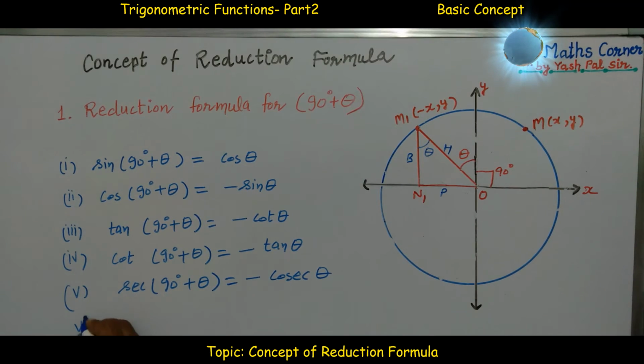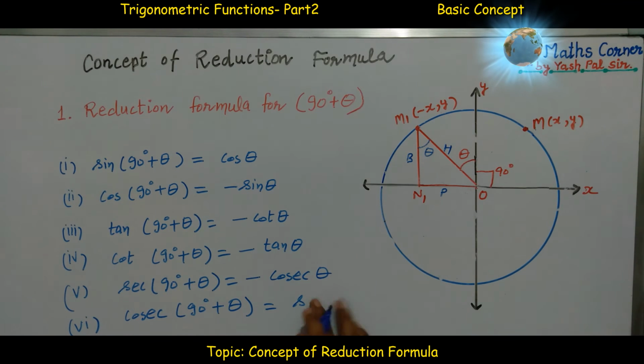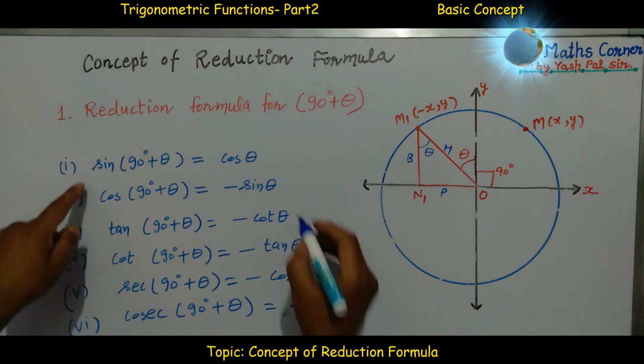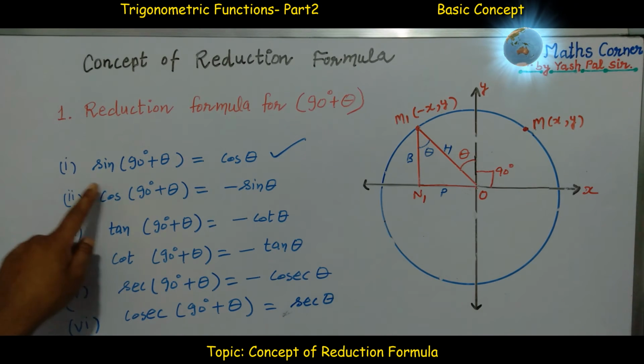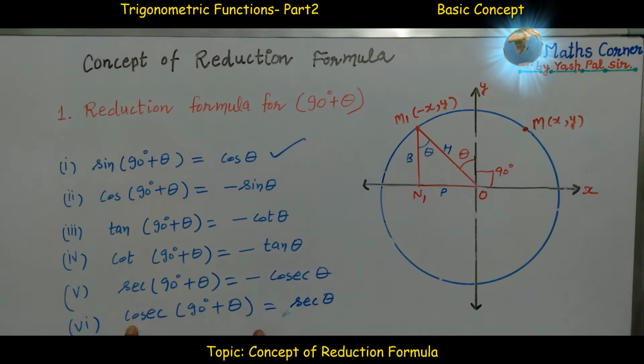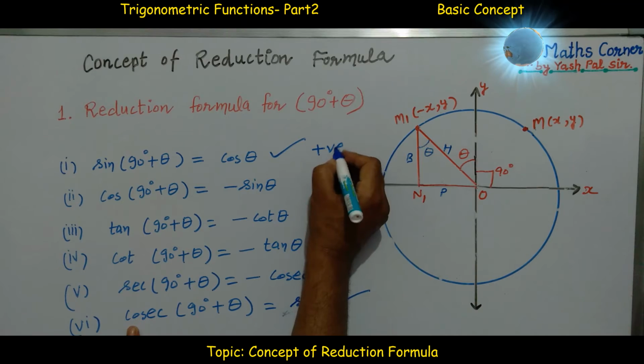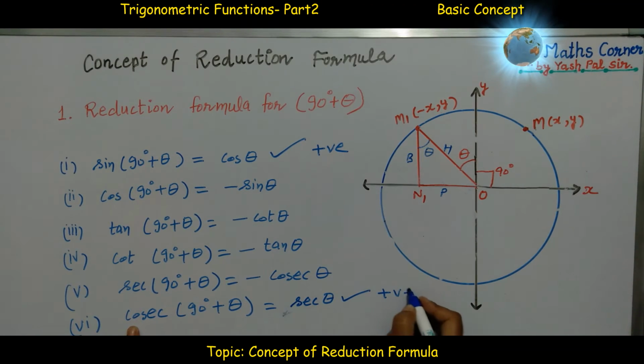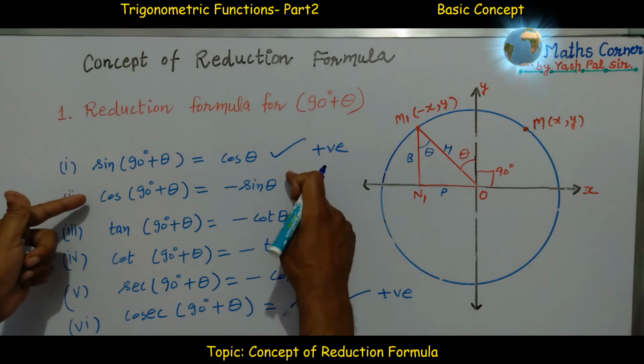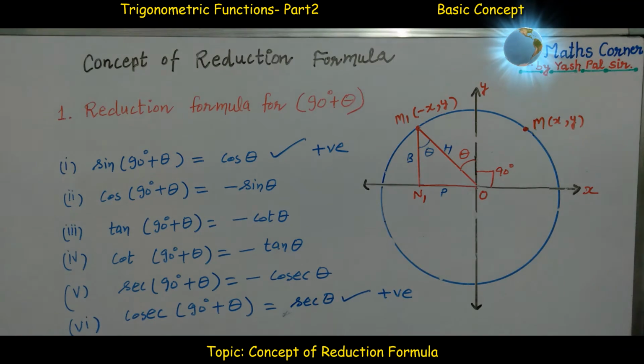And lastly, cosecant of 90 degree plus theta is equal to secant theta. That is, sine 90 degree plus theta and cosecant 90 degree plus theta are positive, and the other 4 t ratios are negative.